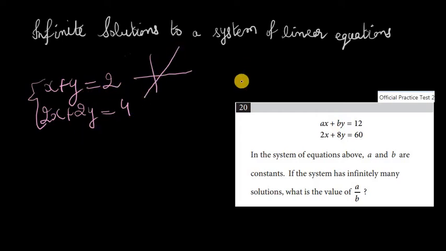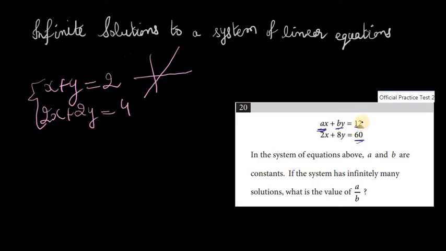To solve this question, you just have to find out what number you're multiplying on both sides of one equation to get to the other. If I take a look here, a and b are both unknowns, but we know the numbers on the right-hand side.